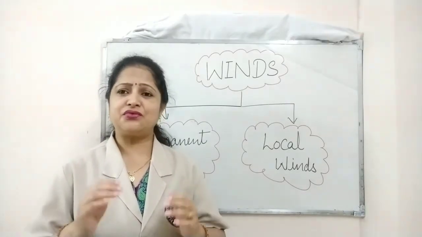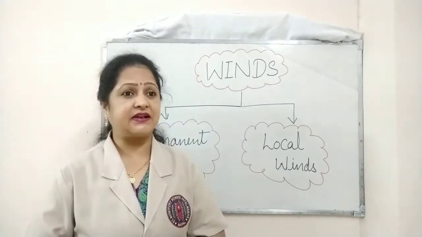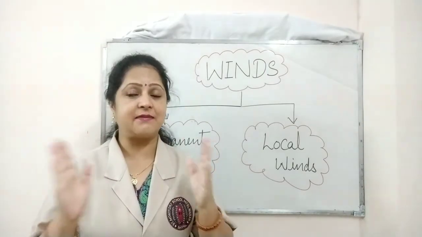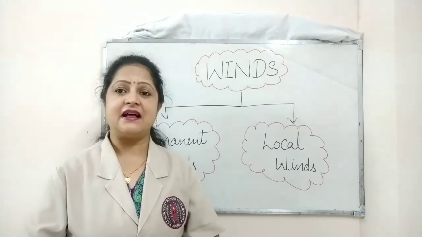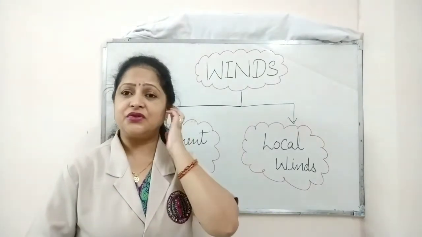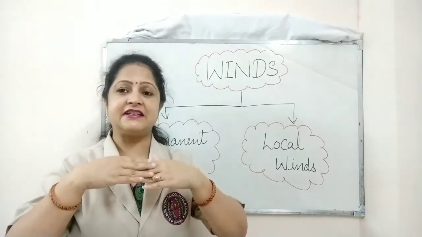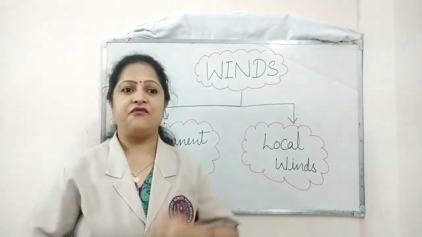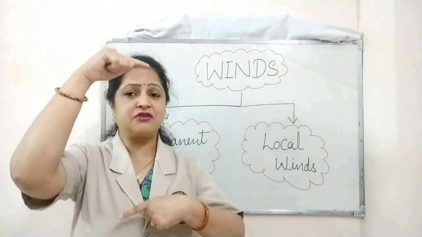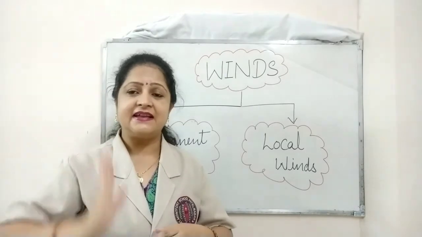Due to the rotation of the earth, these winds are deflected to the right of their paths in the northern hemisphere and towards the left of their paths in the southern hemisphere. Due to this, the winds blowing towards the equator are deflected towards the west, and the winds that are blowing towards the North Pole and South Pole are deflected towards the east.